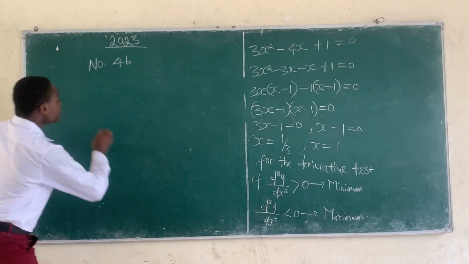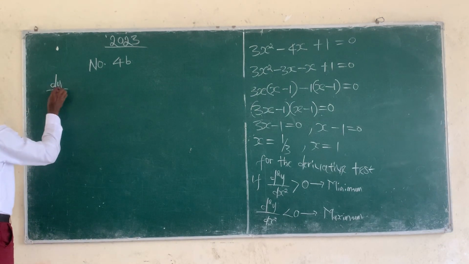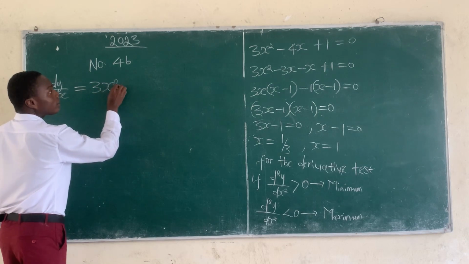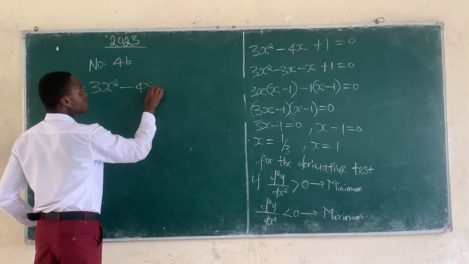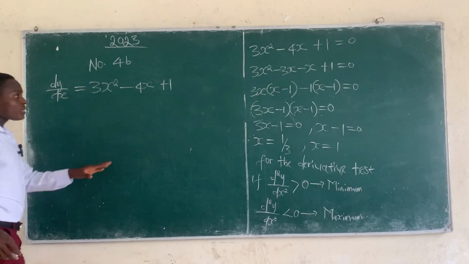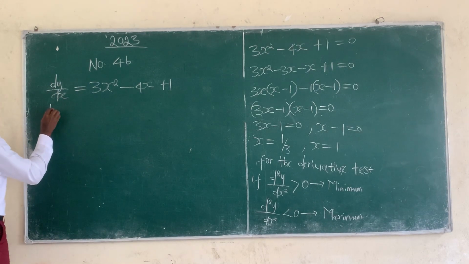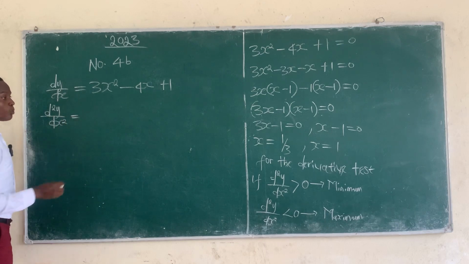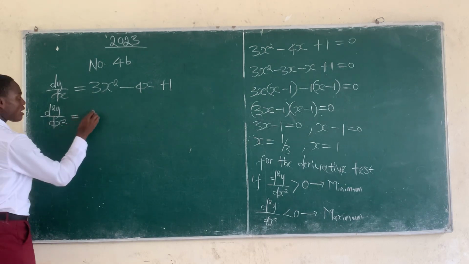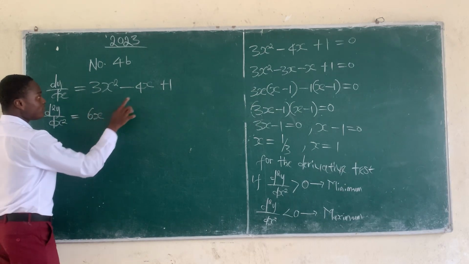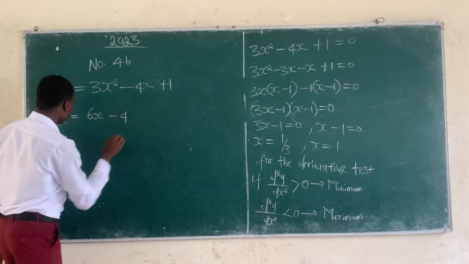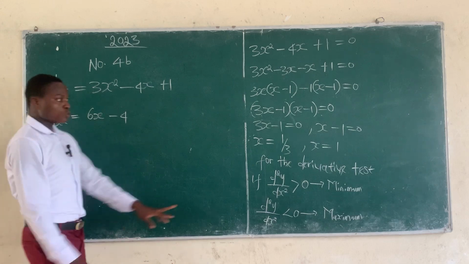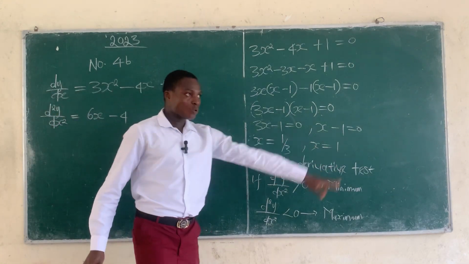So we have that the first derivative, dy dx, is equal to 3x squared minus 4x plus 1. So let's find the second derivative. We have d squared y over dx squared to be equal to, if you differentiate this, you have 6x, and if you differentiate this, you have minus 4. So let's find the value at x equal to 1 over 3 and x equal to 1.